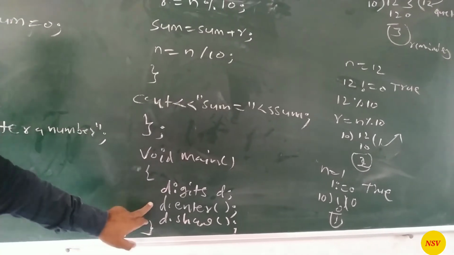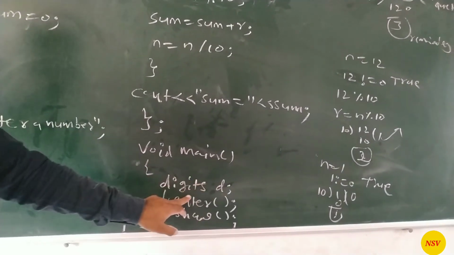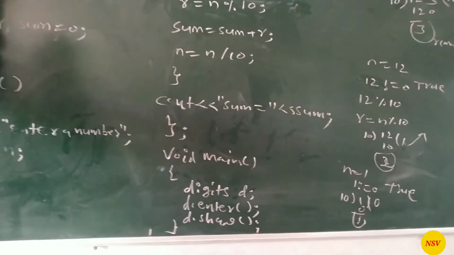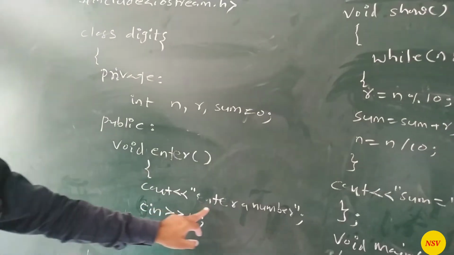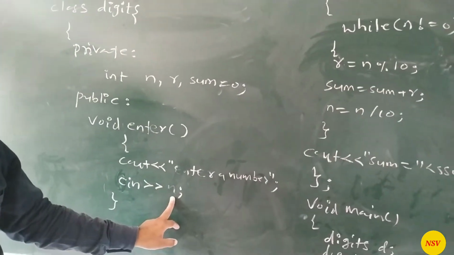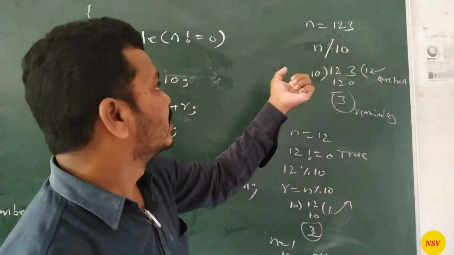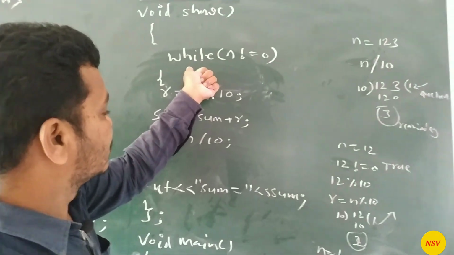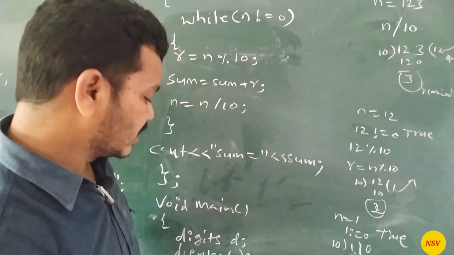So now what happened? D is the created object. D dot enter, then of course the compiler calls the enter function. So here enter: cout enter a number, cin n. Suppose n value is 123. Next it enters the show function, d dot show.